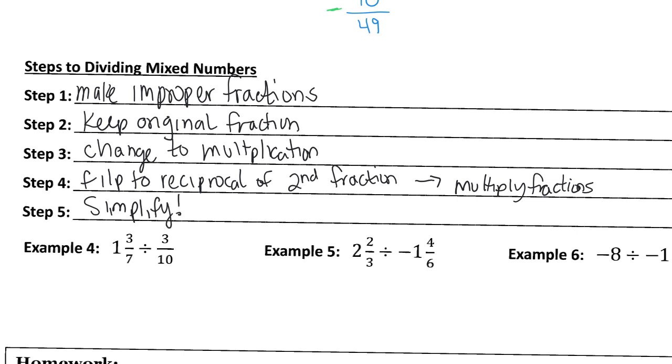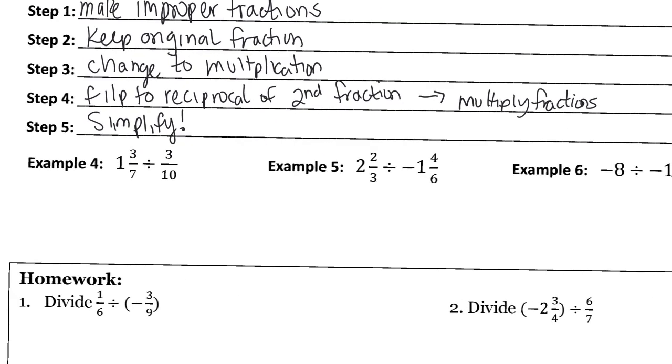All right, so we're keeping keep, change, flip, except the only difference is we have to make them improper first. Remember, we multiply then add. 7 times 1 is 7, plus 3 is 10. So we have 10/7. Keep, change, flip. Change to multiplication, flip to 10/3. Now we have nothing we can cross products or simplify.